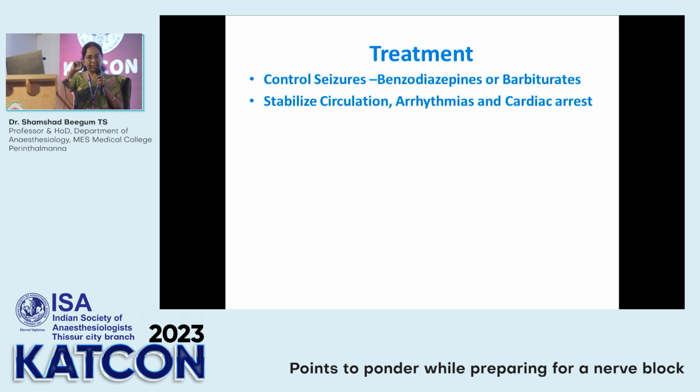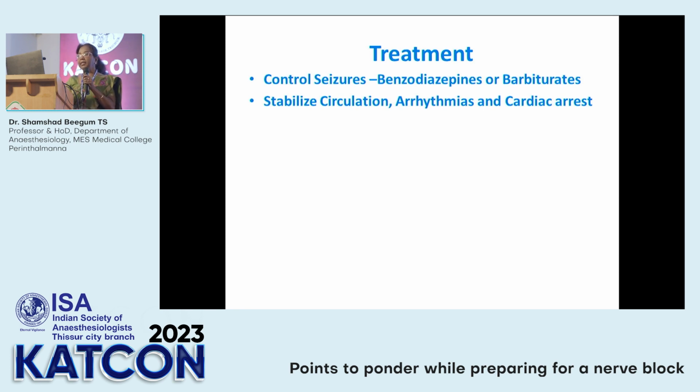Once the central nervous system is affected, the patient will complain of perioral numbness, dizziness, as well as lightheadedness. This will be conveyed most of the time to the technicians as well as the doctors available there, and we have to be very careful about it.